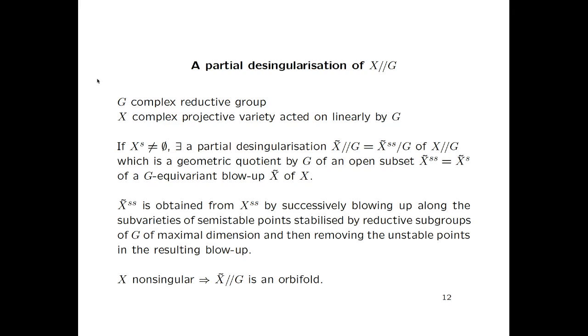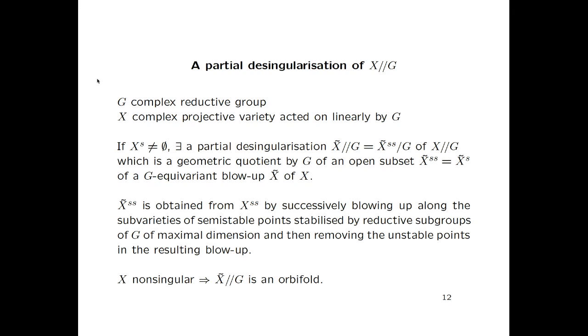And so something else we can do in the classical setup is construct what's in some sense a partial desingularization of the GIT quotient. So even if X is non-singular, if you've got semi-stable points that are not stable, then you're collapsing lots of different orbits, and typically you're introducing singularities to the quotient. Whereas if semi-stability coincides with stability, then at least for a non-singular X, you get an orbifold.